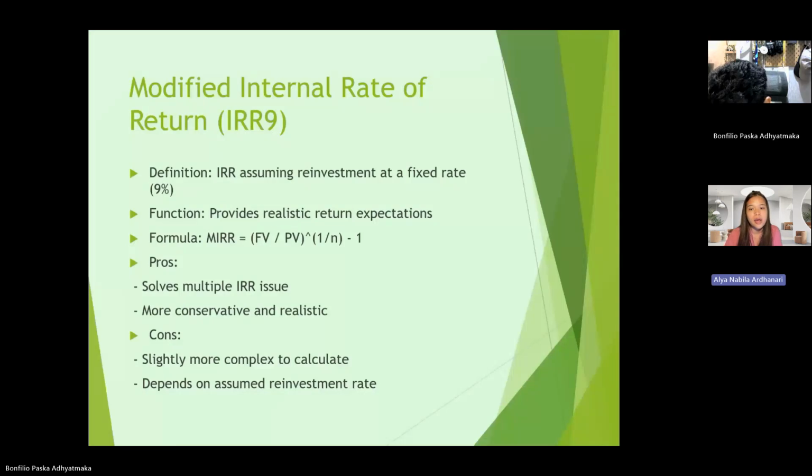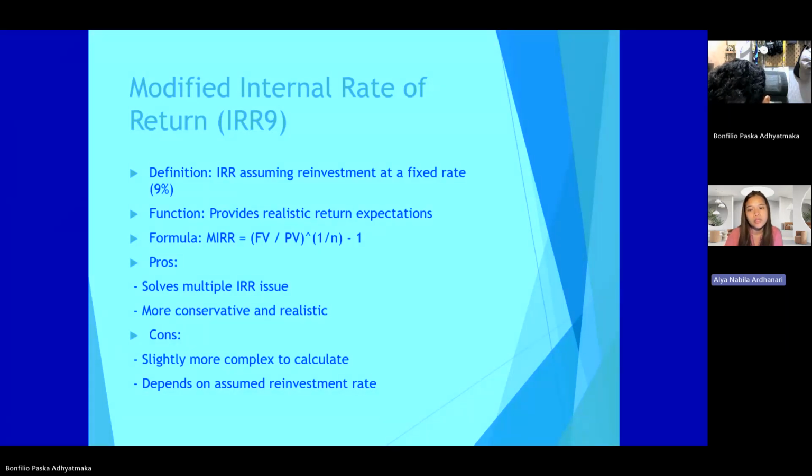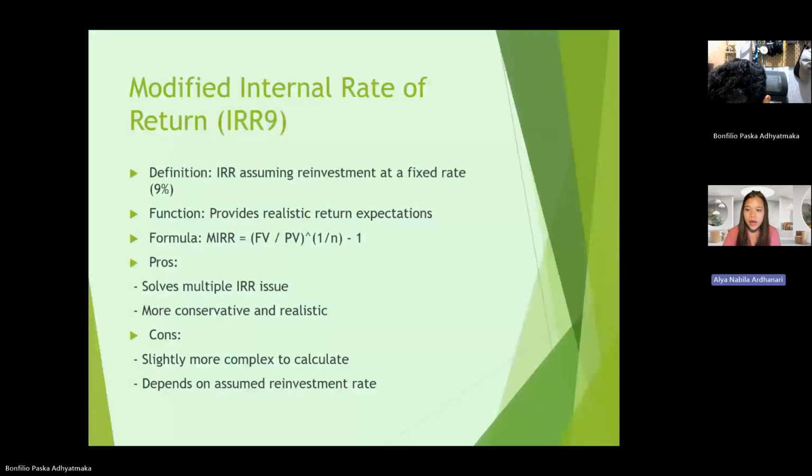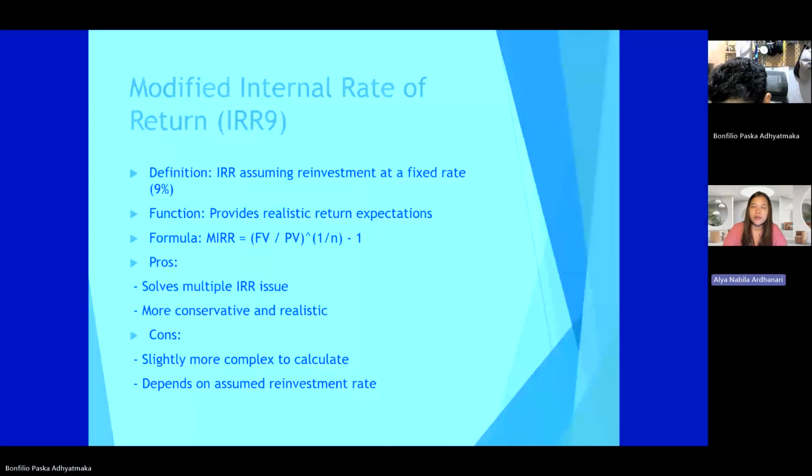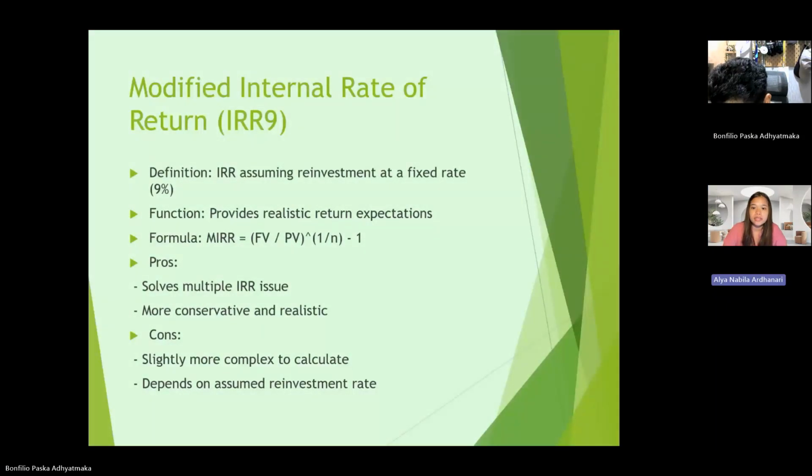IRR9 solves the problem of multiple IRRs, which often occurs with non-conventional cash flows, and it provides a more grounded expectation of return, particularly when the actual reinvestment rates are lower than the IRR.